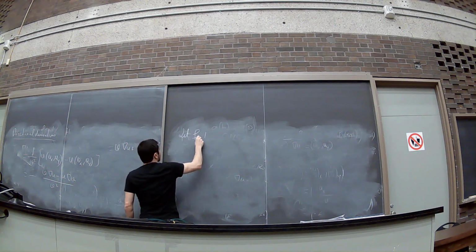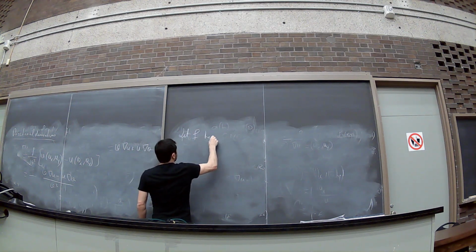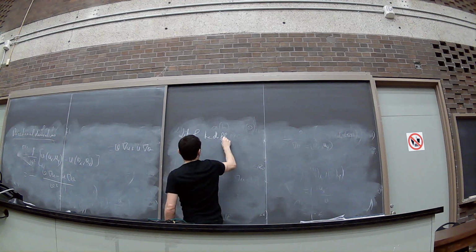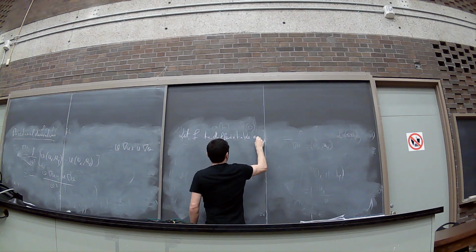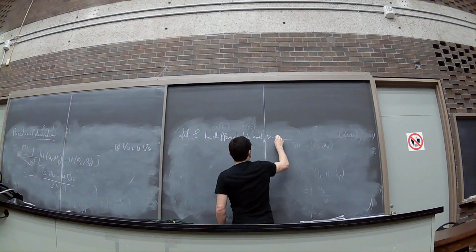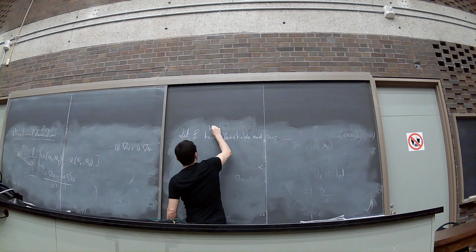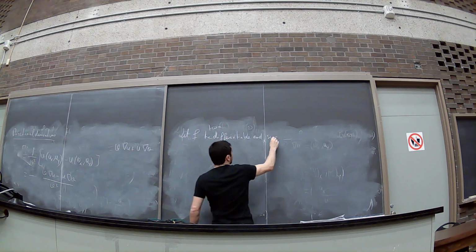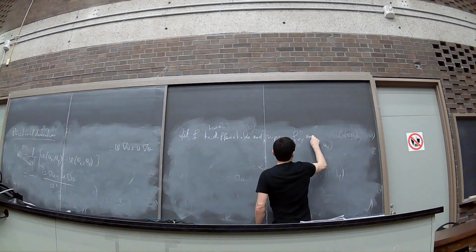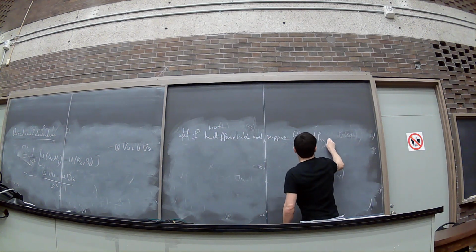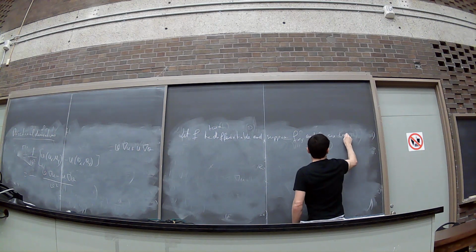Let f be differentiable twice, so two times, and suppose fxy and fyx are continuous.